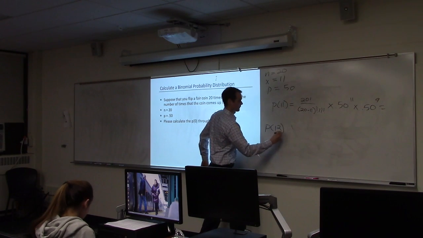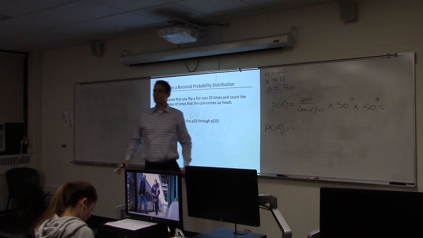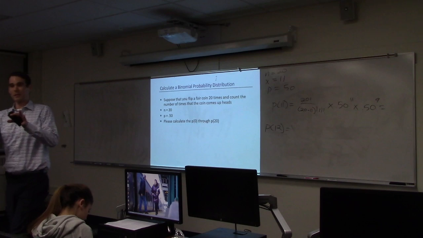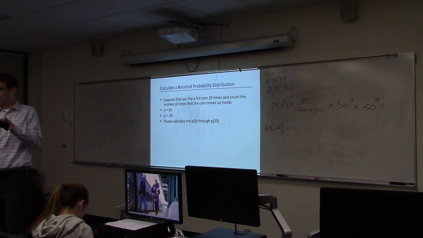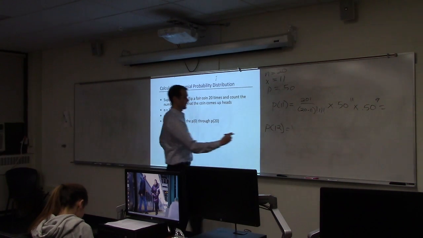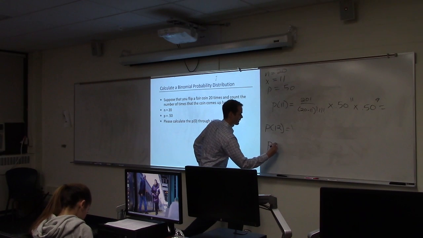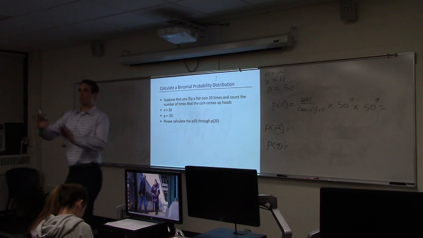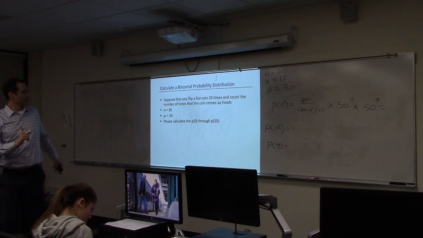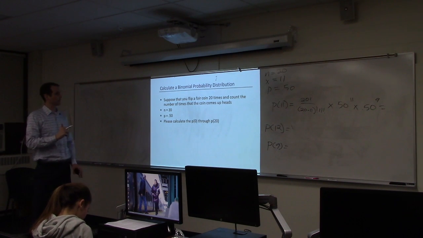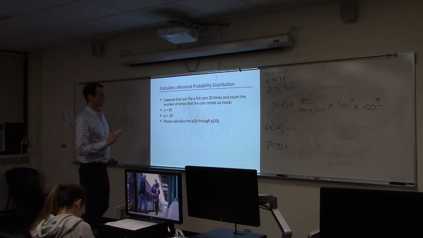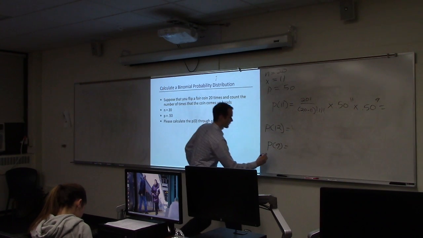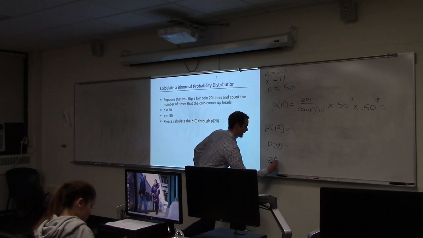Probability of 12 equals. And maybe could you 3? Could you do 9? Probability of 9. And then maybe you 4 in the back row. Could you do, let's say, what have we got? We've got 11, 12, 9. Let's do 10. All right, you in the back row, do 10.